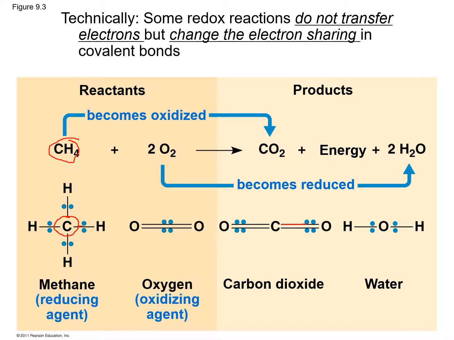The electrons are being unfairly shared by oxygen in a polar covalent bond. So in this case, we would say that the carbon from methane has become oxidized. Boom. On the other hand, the oxygen here now has a greater share. See, the electrons are closer to this oxygen than they were over here. So we now say that this oxygen has been reduced.